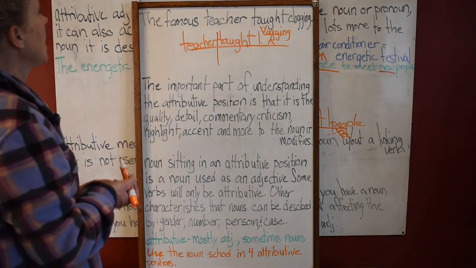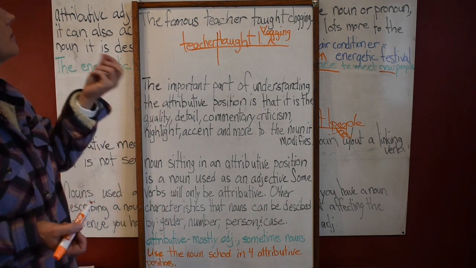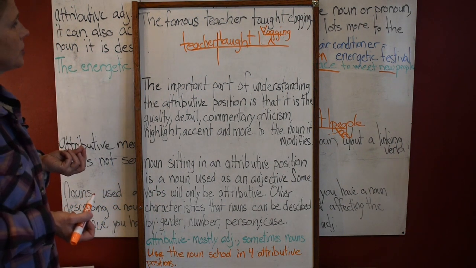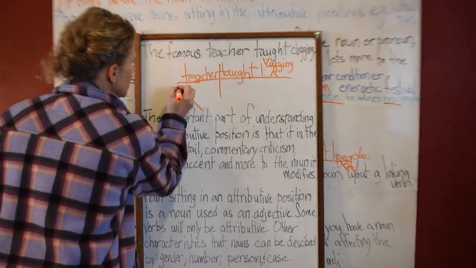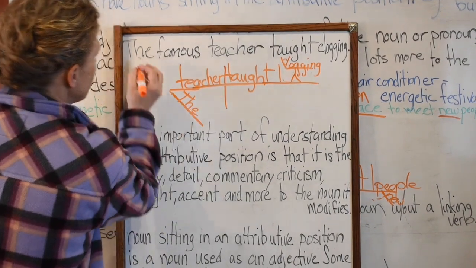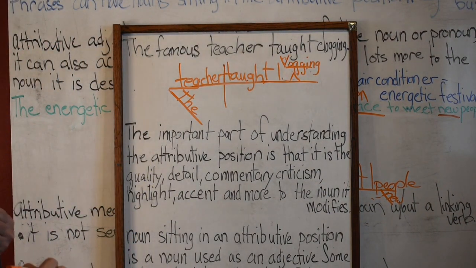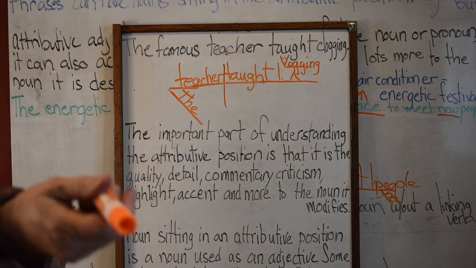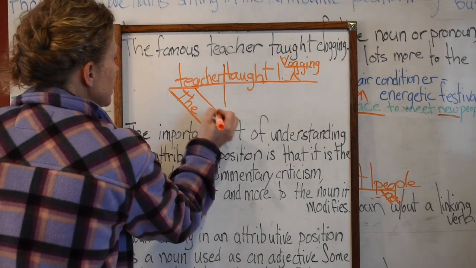Okay, so now we have an article acting as an adjective describing teacher. What is it? The. Capitalize it because it's the beginning of the sentence. And we also have an attributive adjective describing teacher. What is it, Paul? Famous.